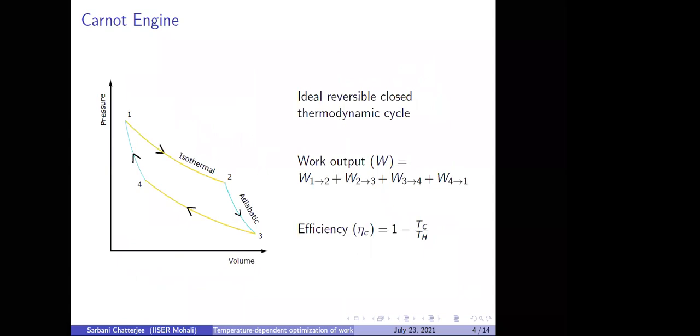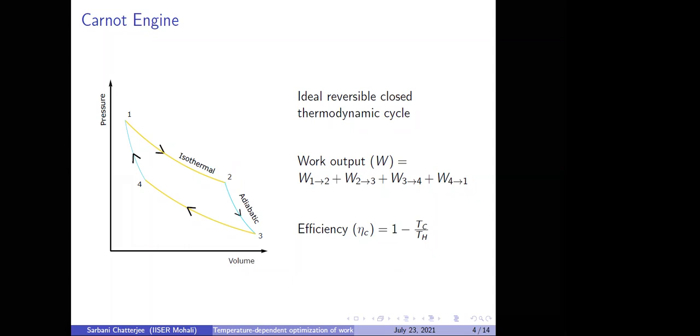Okay. So let's move on. Now, the Carnot engine is an idealized model of a thermodynamic system for a heat engine. The working medium undergoes reversible isothermal expansion while at constant temperature TH.